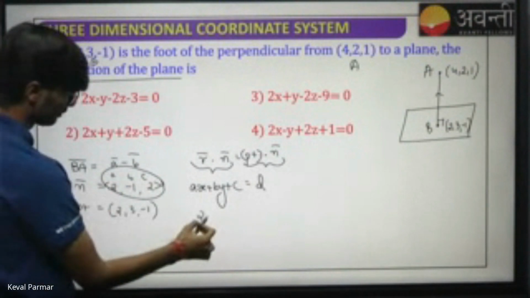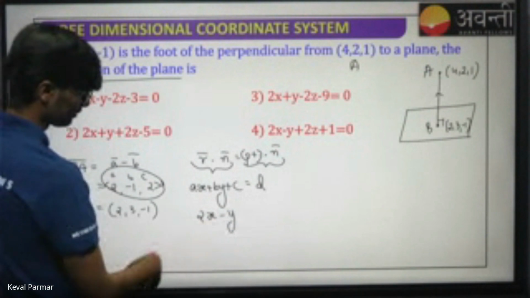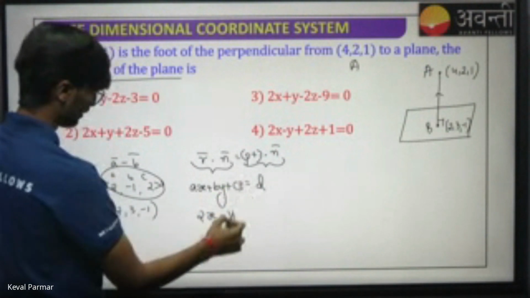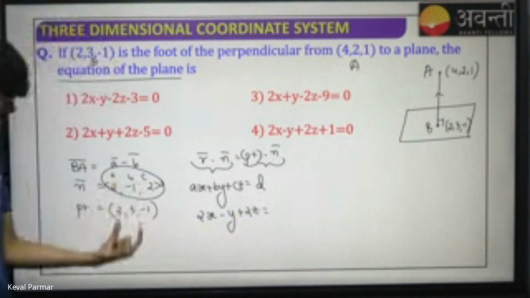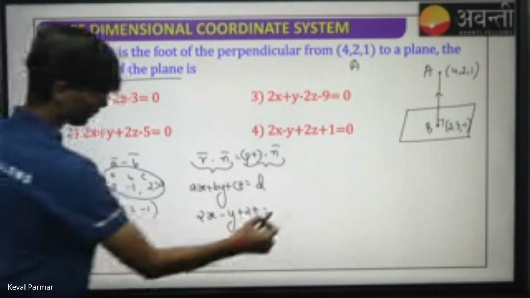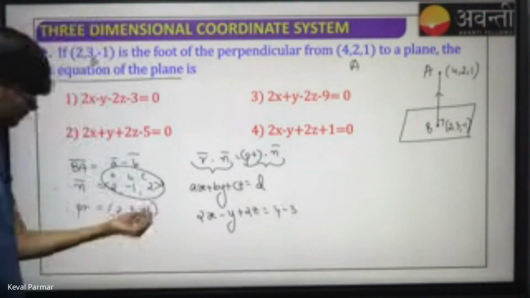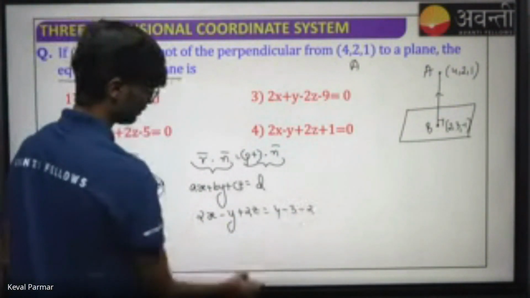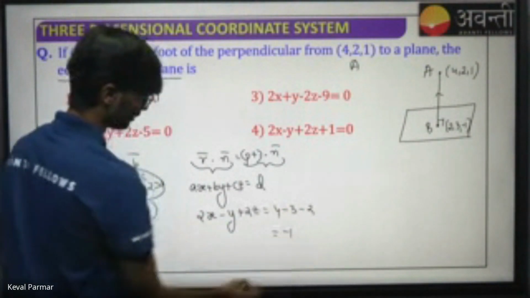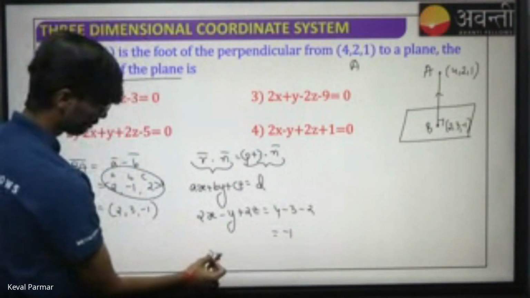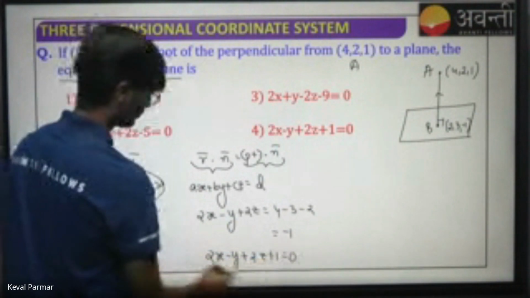That is 2x minus y plus 2z equals point dot normal, 2 into 2, 4 minus 3 minus 2. So this equals minus 1. If I take everything on the left hand side, I get 2x minus y plus 2z plus 1 equals 0.